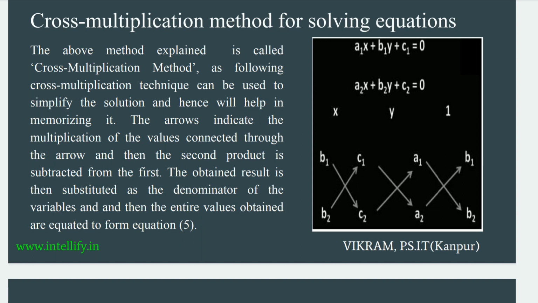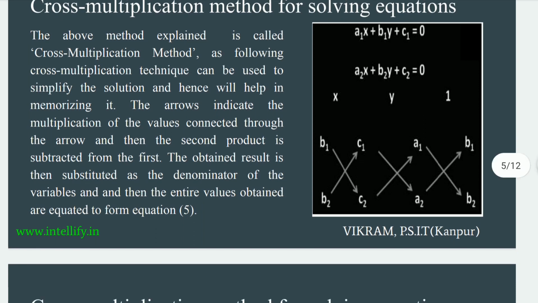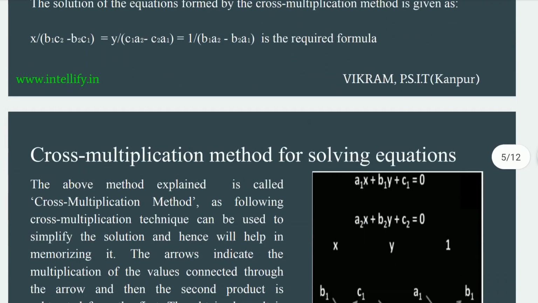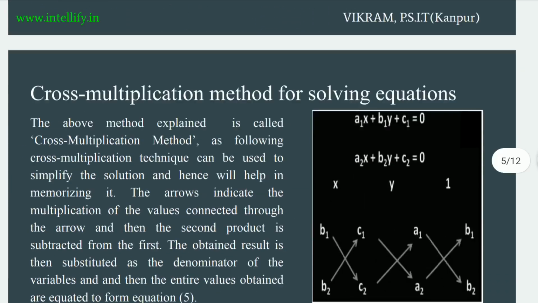So you can clearly see we have b1c2 minus b2c1 in the numerator, and for the second numerator, a1b2 minus a2b1, right? And the denominator remains the same, that is b2a1 minus b1a2, on both sides of x and y.